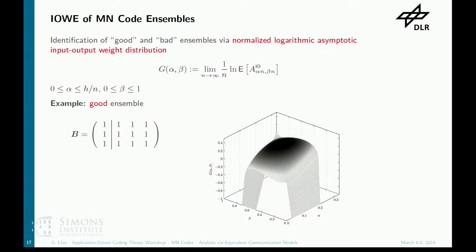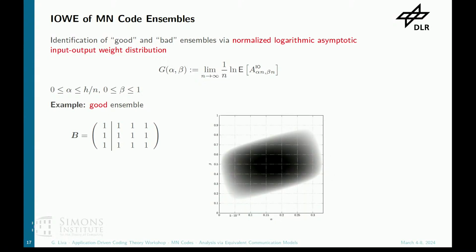Differently from the classical case, where you have a chart showing the growth rate of the weight distribution of a code, here you have a two-dimensional chart showing the 1/n log of the expected number of codewords with fractional Hamming weight alpha on the input and fractional Hamming weight beta on the output. How can you use this to define what is good and what is bad in terms of distance properties? Well, you need to look at the regime where both alpha and beta are small, close to 0.